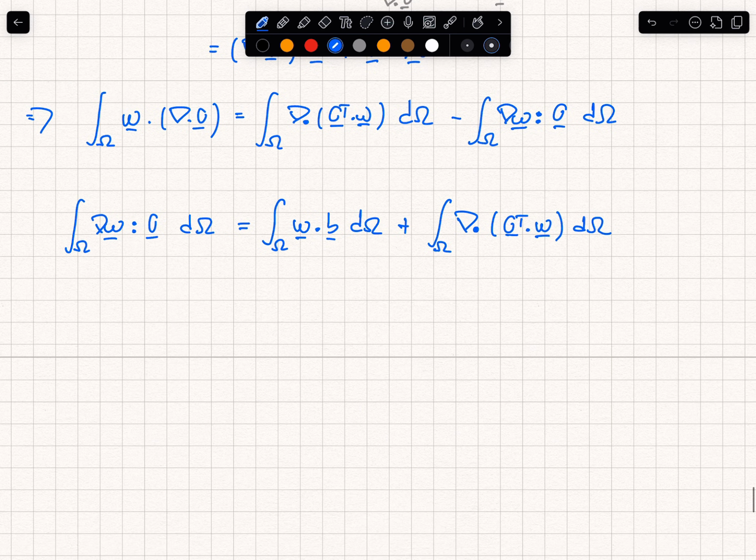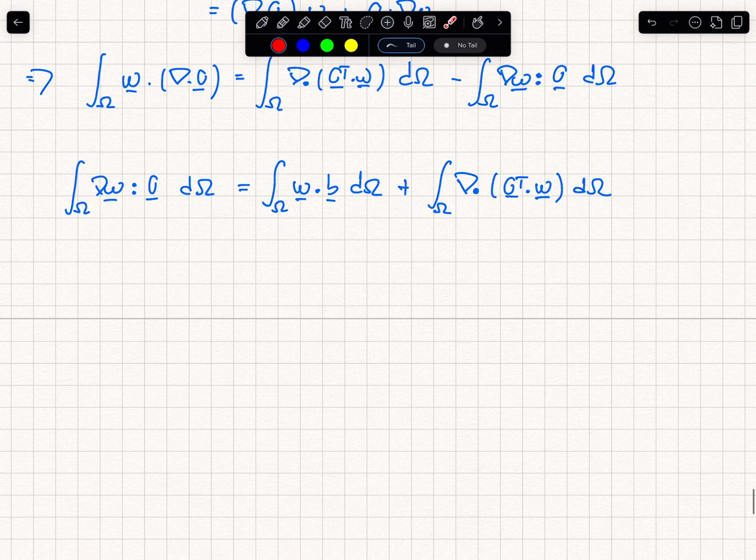And if you remember, we said we're going to use some sort of generalization of integration by parts. This is the divergence theorem, and we're going to transform that integral over the volume into the integral over the boundary. And so we take whatever we're taking the divergence on, and multiply by the normal to make that transformation.